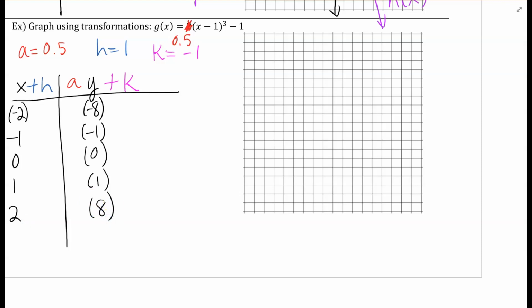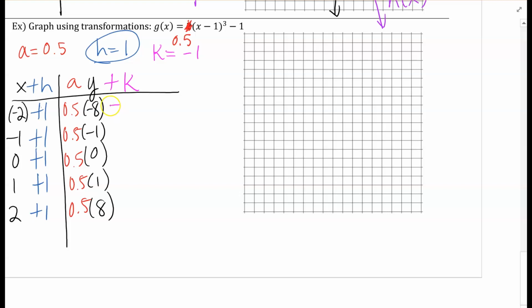I'm going to add h to all my x's, so +1. And then I'm going to multiply by a, which is 0.5, which is the same as a half. And then my k value is -1.